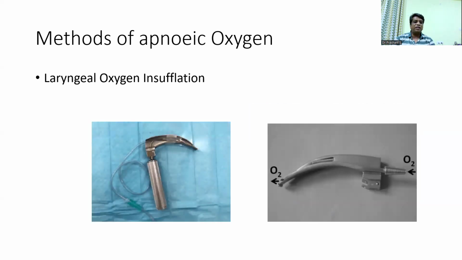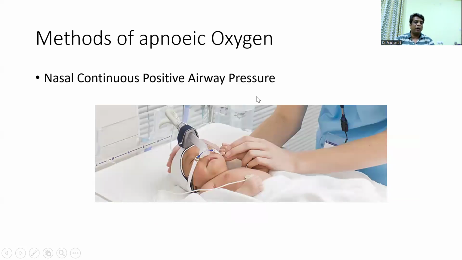There are other modifications where laryngeal oxygenation can be done with a modification in the blade itself, like an oxyport, where the blade itself has a port through which oxygen can be delivered, or say around a 14 French suction catheter can be taped around the laryngoscope blade itself and connected to the oxygen, and that will deliver the oxygen whenever we are attempting the intubation.